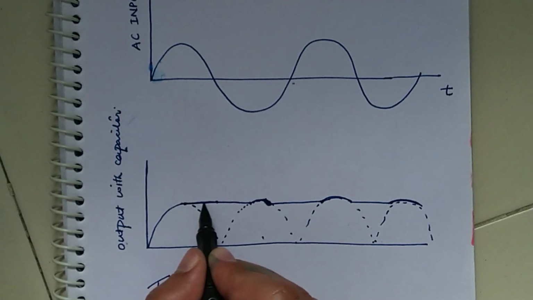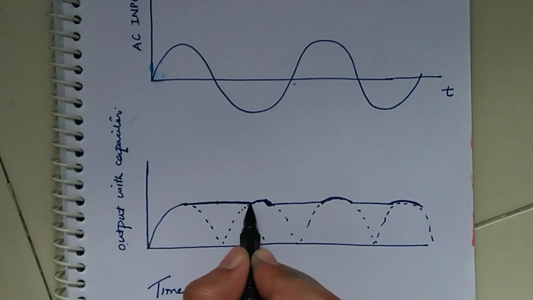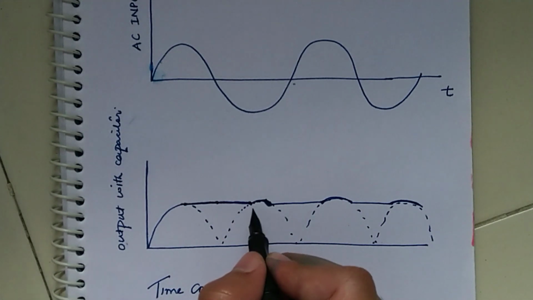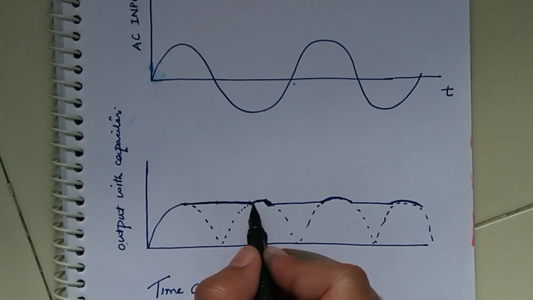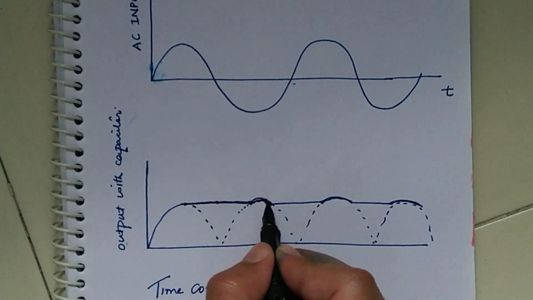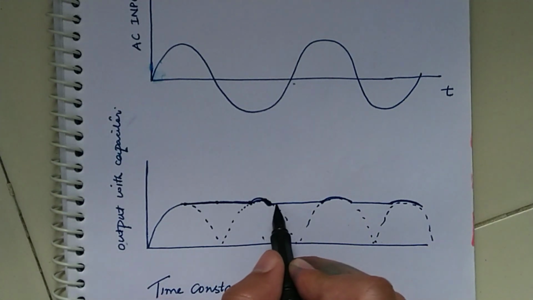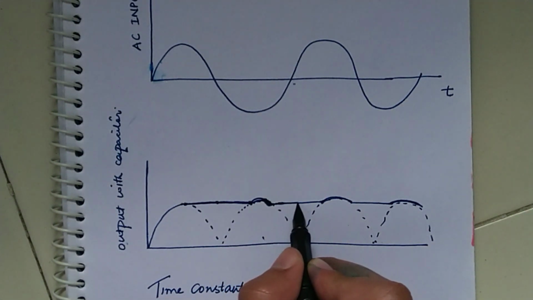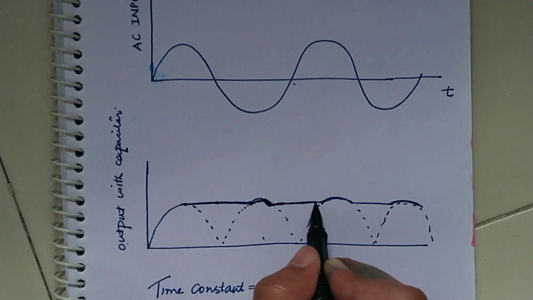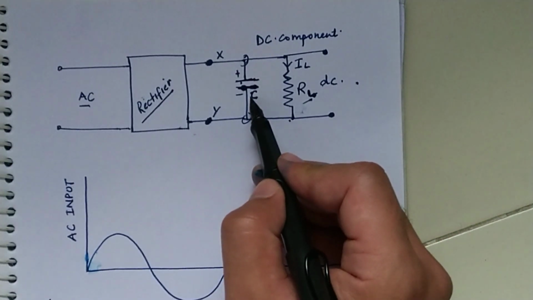Just have a look at the retention of the voltage, and again when the AC is positive, it again retains the positive. Again here we have this constant value of voltage supplied because of the charge retention of this capacitor.